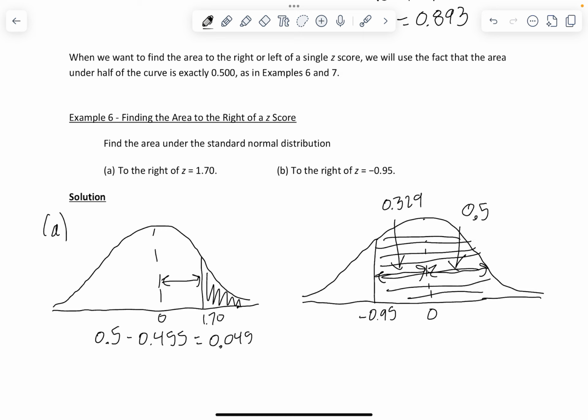That's the area I'm trying to find. So it's going to be 0.5 plus 0.329, which equals 0.829. Okay, so that's the area to the right of the z-score negative 0.95.